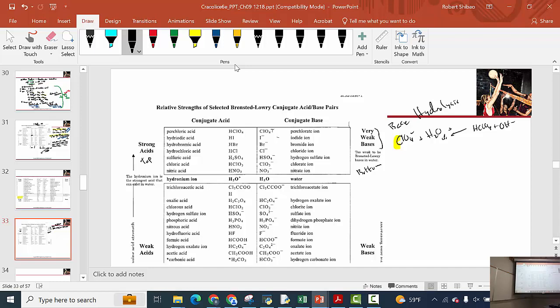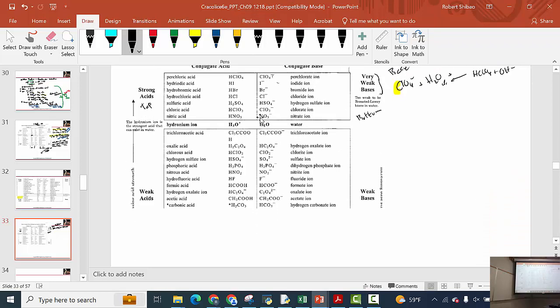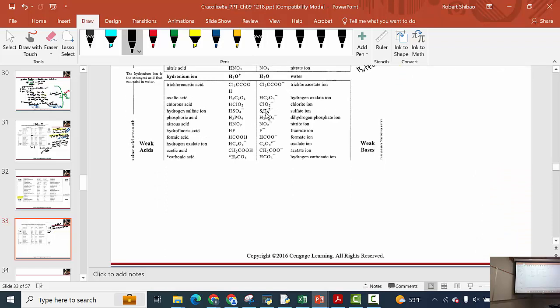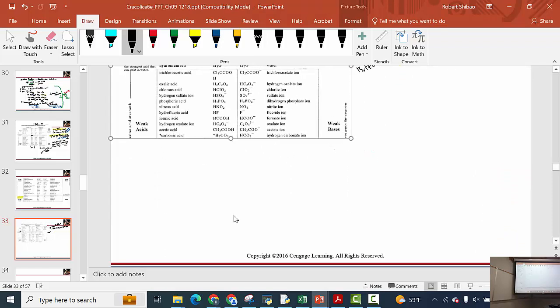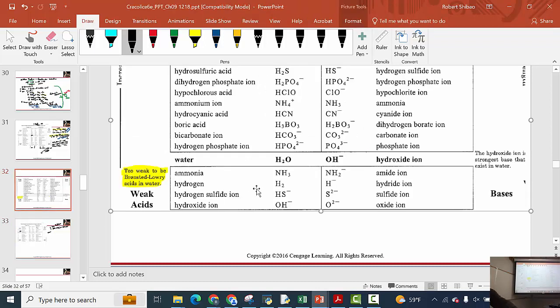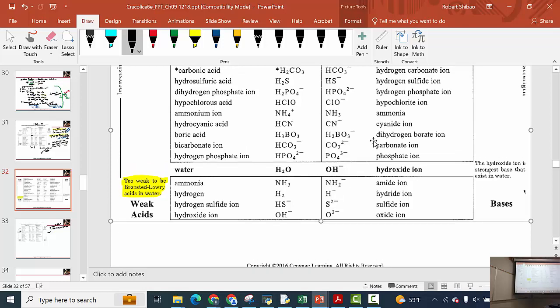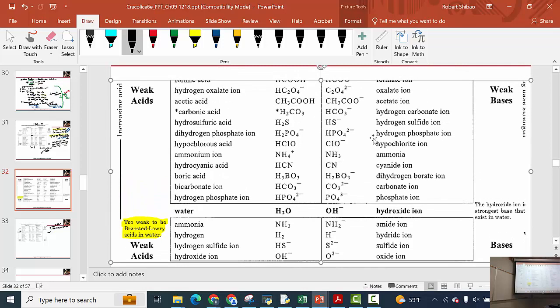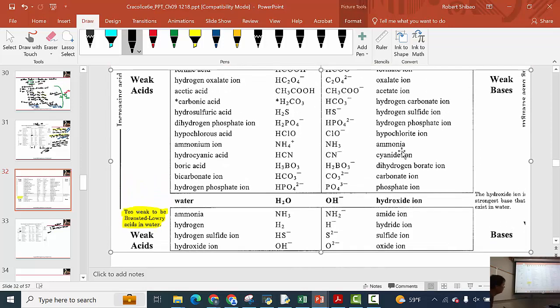The top bases are on the opposite end of the chart, here. These would be the top bases here.